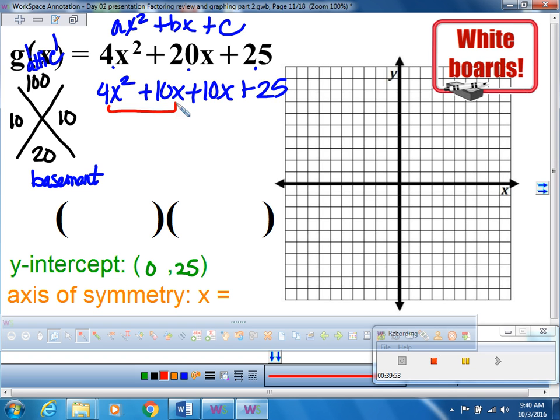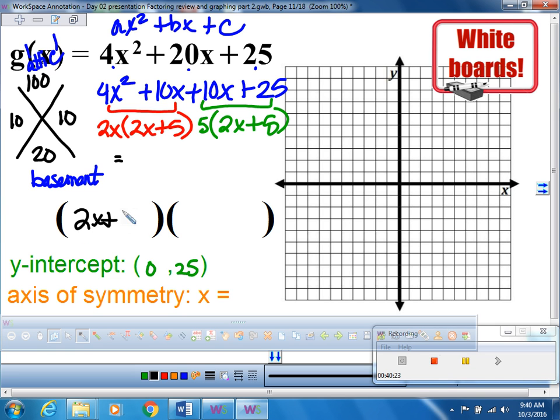There's a 2, so I've got 2x, and then I'm left with 2x plus 5. And then what's in this one? A 5, so I'm going to factor out a 5, and I'm left with a 2x plus 5, and I say, oh look, I did it correctly because I have common factors there. So this equals 2x plus 5, and 2x plus 5 is left over.